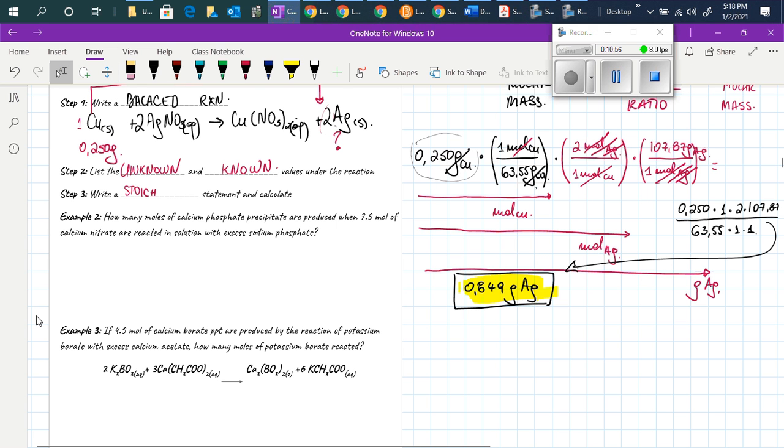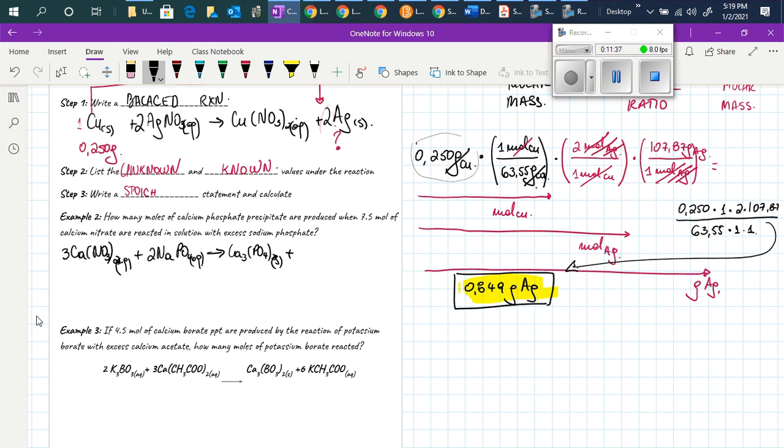So let's start with a balanced reaction. We'll have Ca(NO3)2 in aqueous solution plus 2 sodium phosphate in aqueous solution as well will give us, since this is a double replacement reaction, calcium phosphate, a solid, and 6 sodium nitrate in aqueous solution.